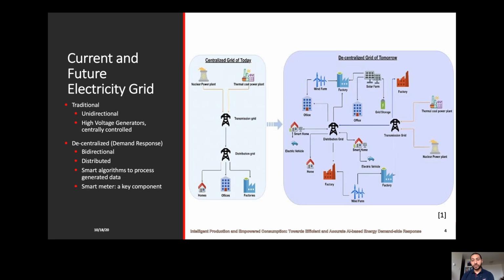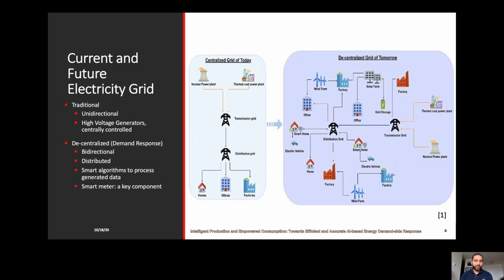Electric vehicles, as you can see in the image, also aren't just being charged by the house and by the grid or by the energy resources that the house provides, but they themselves can act as an energy source. The battery of the electric vehicle can act as an energy source, which can kick in whenever it is needed. So we need smart algorithms to process all this data that comes from the multiple sources that you see on the image on the right.